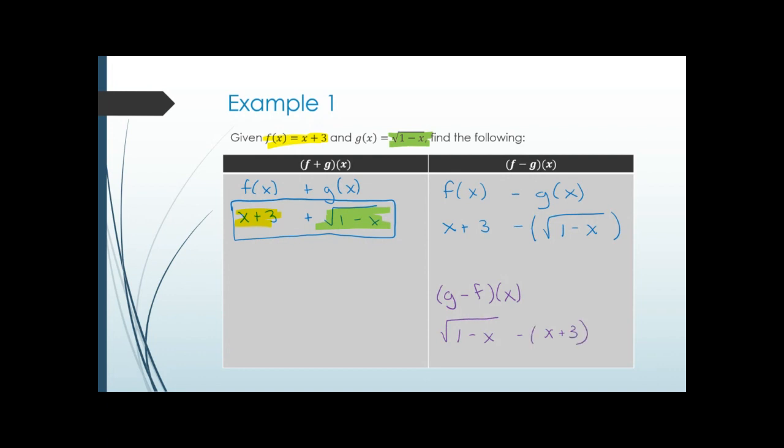And since f of x is multiple terms, we'd have to have parentheses there because we would need to distribute your subtraction sign. So you want to be careful when you're subtracting so that you pay attention to whether you need to have the parentheses or not.